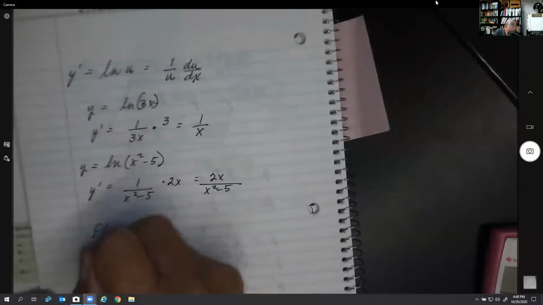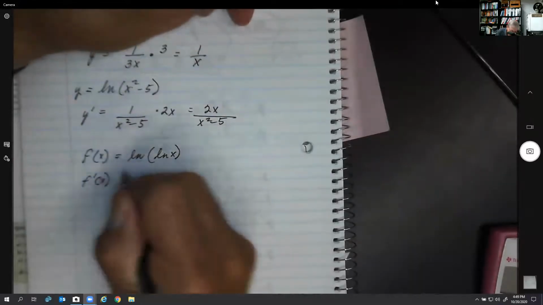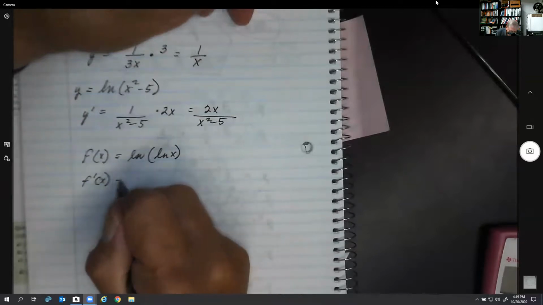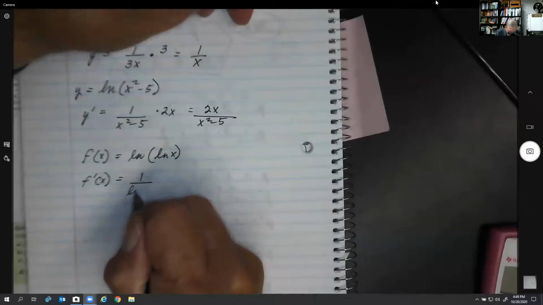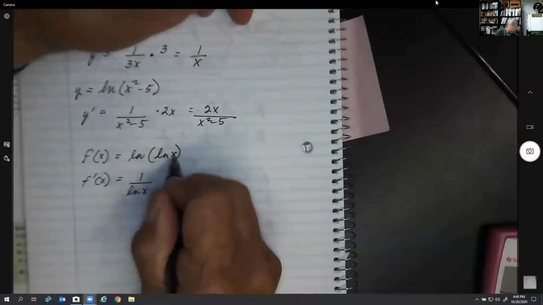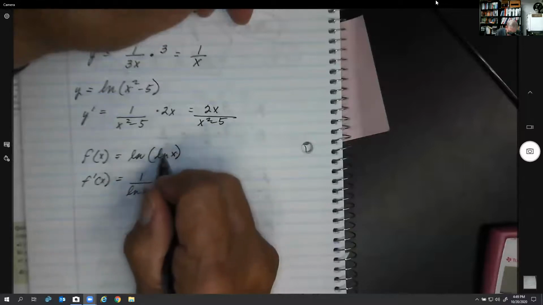Okay. Ooh, look at this one. f of x equals ln of ln x. I'm already confused. All right. This would be 1 over the natural log of x, because that's what's in the parentheses. So instead of 1 over x, it's 1 over this thing.